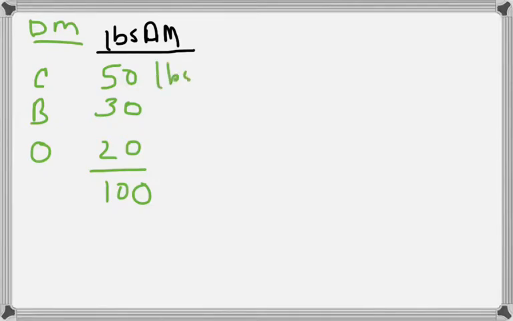And 30% could be 30 pounds out of 100, and 20 pounds out of 100 pounds of dry matter. Does that make sense? Because if we can do that, it'll sometimes make converting these formulas and solving for mixes a little bit easier.